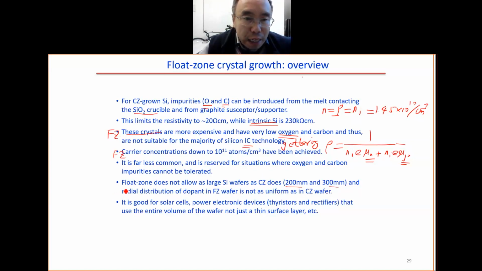FZ can grow up to 4 inch, which is about 100 millimeter. It is good for solar cells and power electronic devices that use the entire thickness of the wafer, not just the wafer surface. But still, I think for solar cells we use CZ growth because it is cheaper.